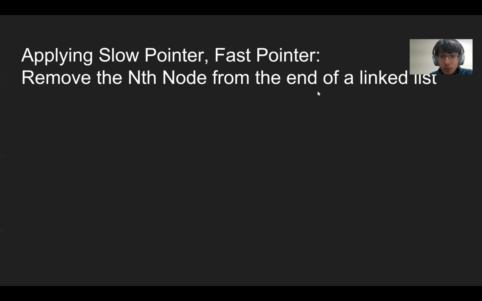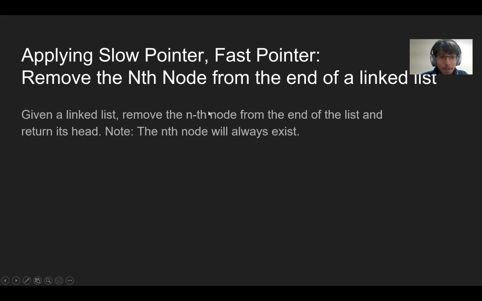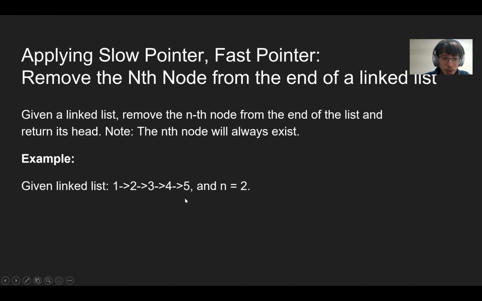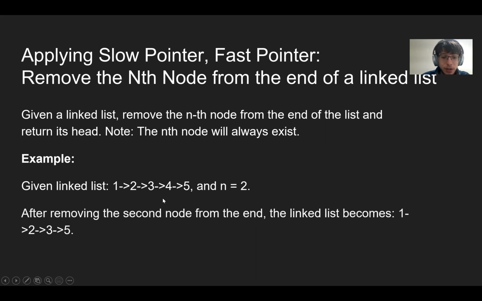So maybe we can try using what we just talked about: slow pointer, fast pointer, assuming that the node always exists. So if we have n equals 2, and we remove the second to last one, we have 1, 2, 3, 5. So we removed 4, the second to last element.